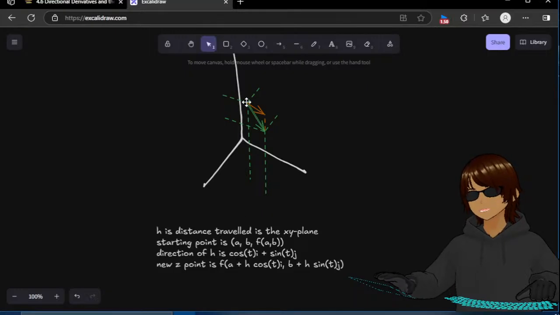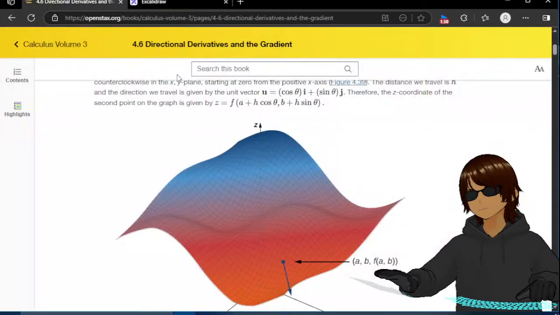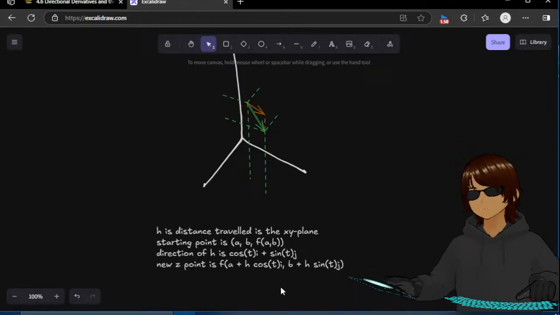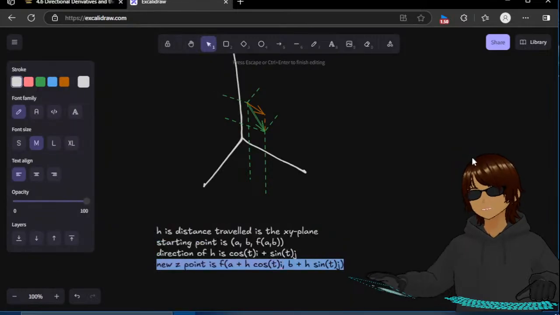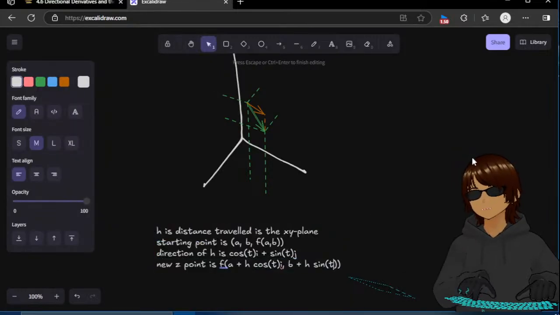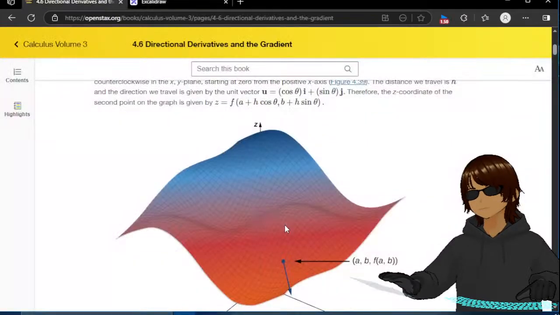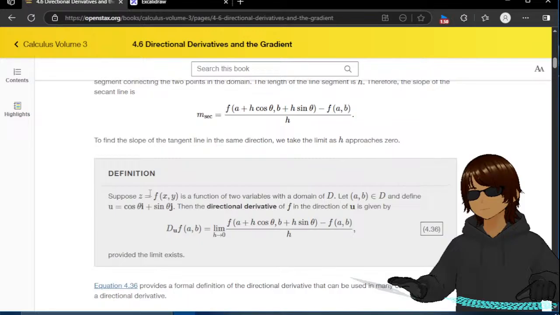Z is f of (a, b). And the new z point is f of a plus h cos theta. Do we add i? No, there's no i or j. And then the new y value is b plus h sine theta. But this equation would only make sense if h is defined parallel to the xy plane.